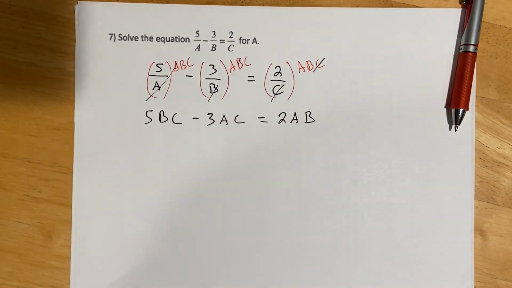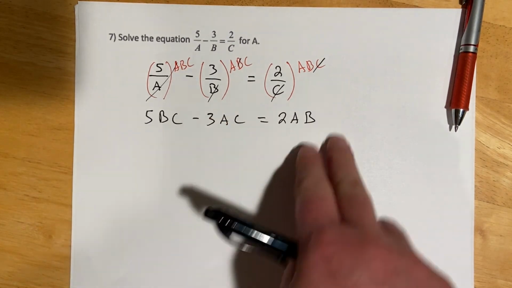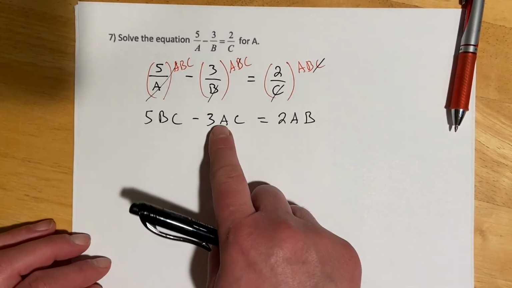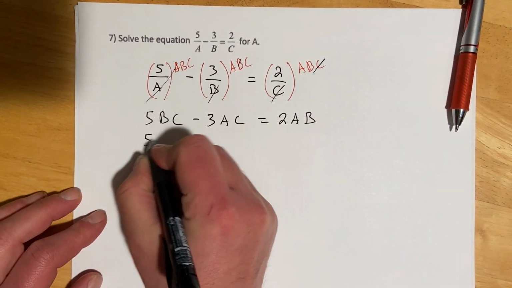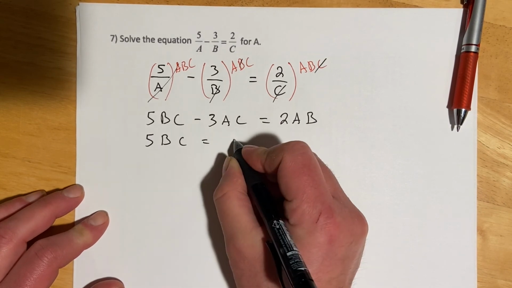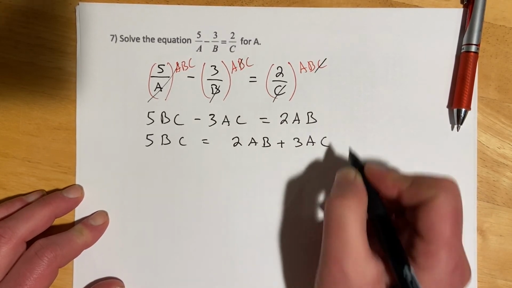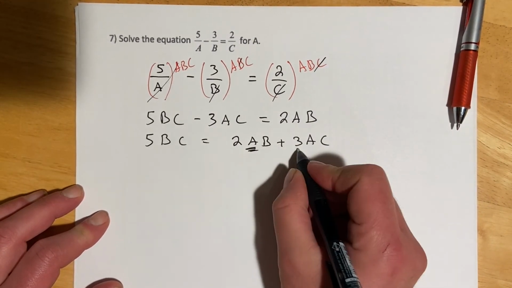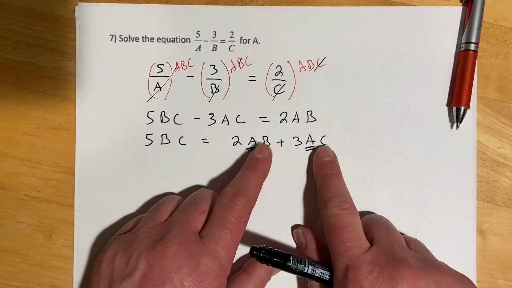And then from there, I am trying to get A. So to solve for A, I want to get my A's on one side and everything without an A to the other side. So I think what I will do is I'll bring this one over, and that's also going to make the signs a little bit easier. So let's rewrite this as 2AB plus 3AC. And then if you notice, and this is the little tricky step, there's A's in both these terms, but they are not like terms, right?